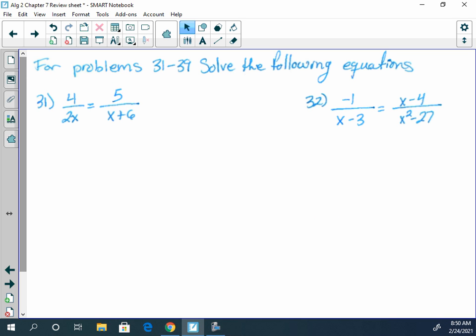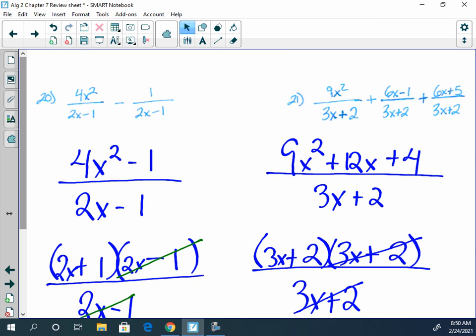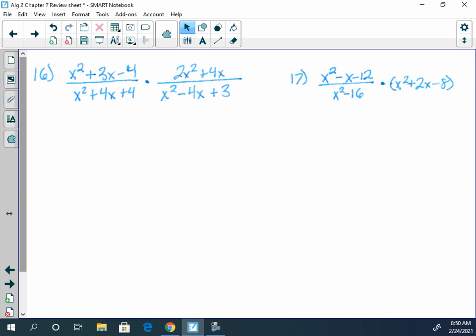Let's go back and look at that one multiplication I skipped. Number 17. We'll finish up the review sheet tomorrow because I want to go through more than just one or two of these equation ones, and I don't want to try to get more than two. It'll be a challenge to get a bunch of them done in 13 minutes.